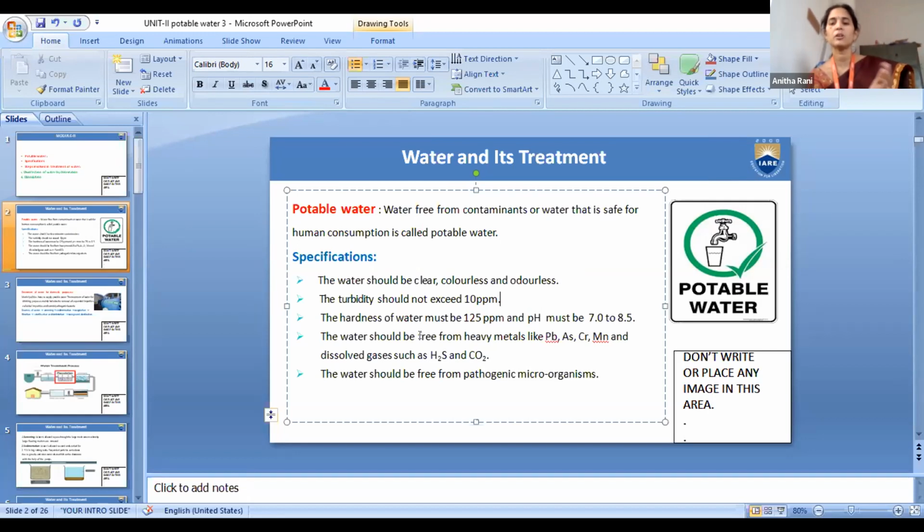The water should not contain heavy metals like lead, arsenic, chromium and manganese, or dissolved gases like H2S and CO2, and should be free from pathogenic microorganisms. These are the specifications of potable water.